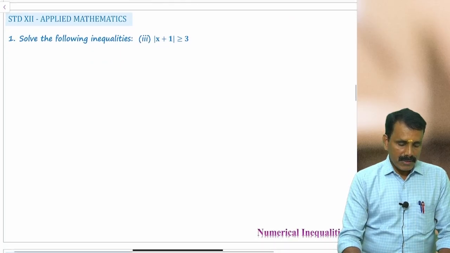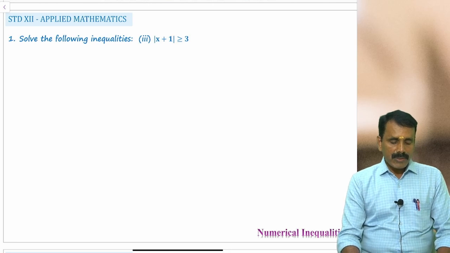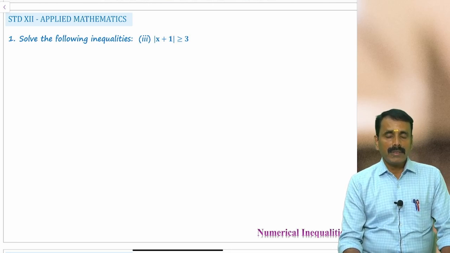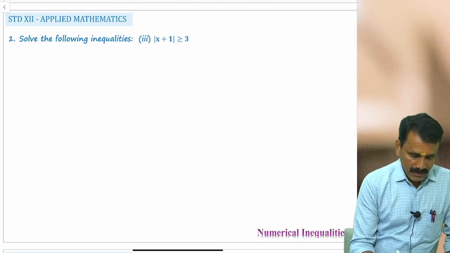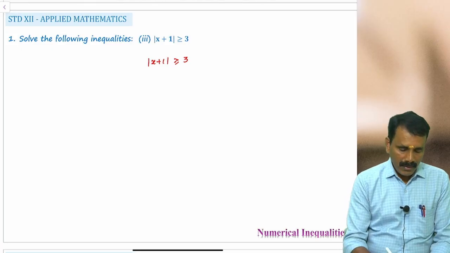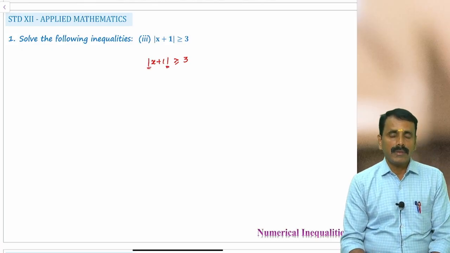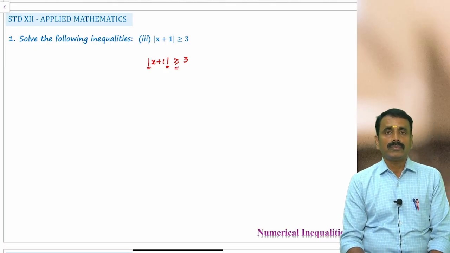Now see this expression: modulus of x plus 1 greater than or equal to 3. We have modulus in the inequality and a very important thing, greater than or equal to.